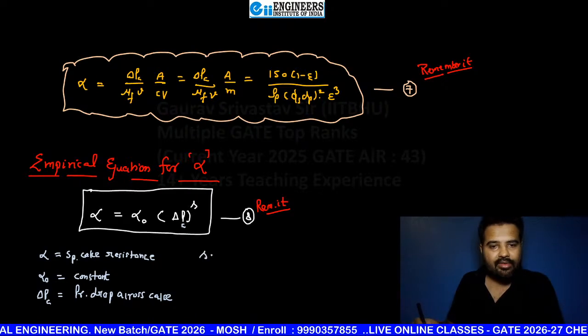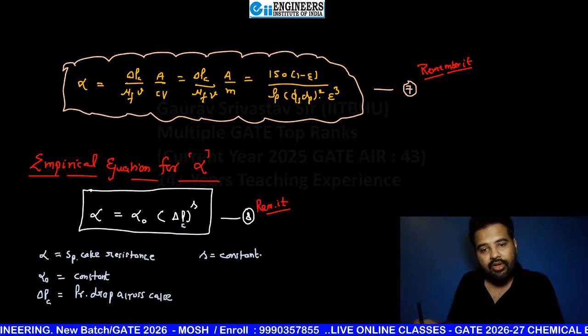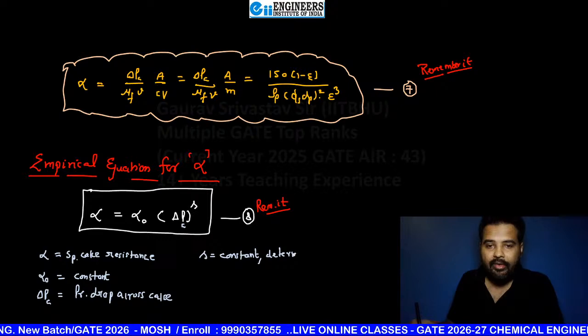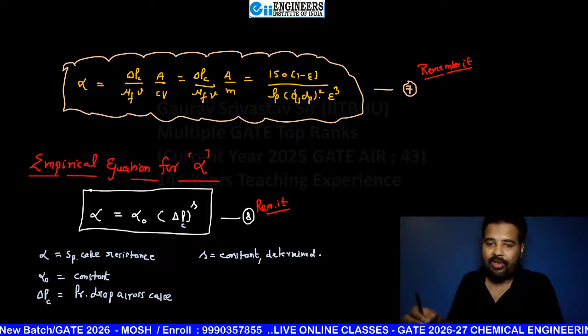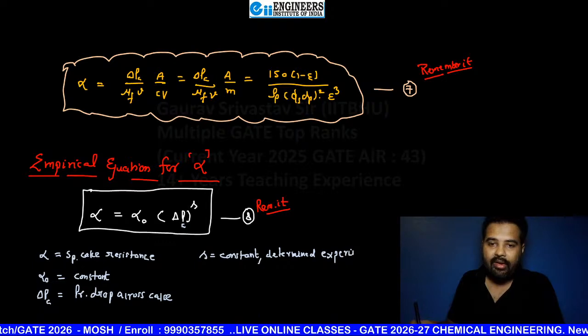Now what is s? s is a constant. This is also a constant. It can be determined experimentally. There is no expression for this, so it is determined experimentally. You need experiment.